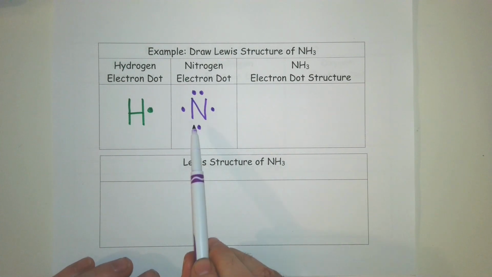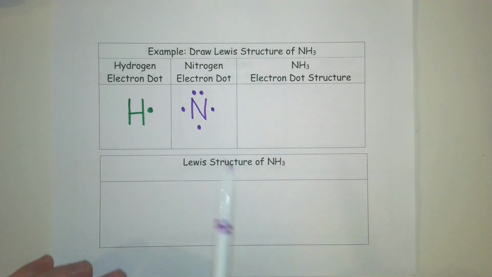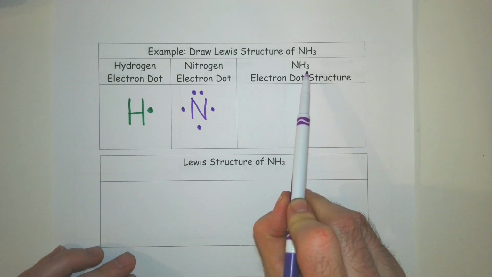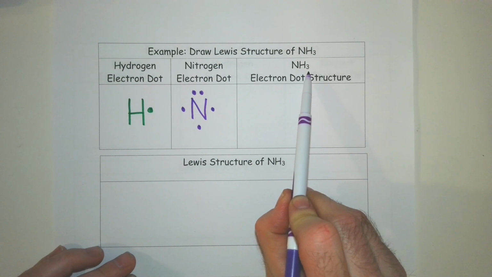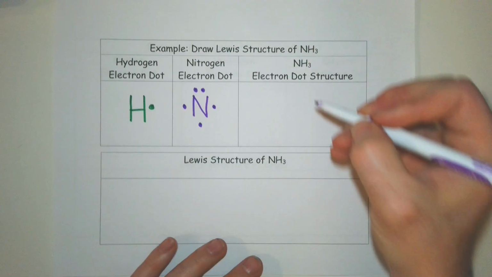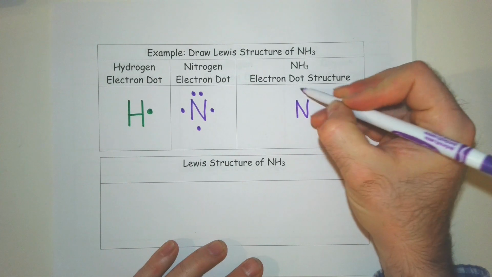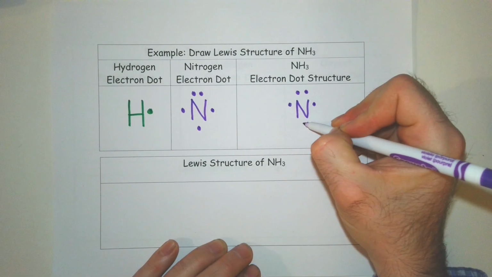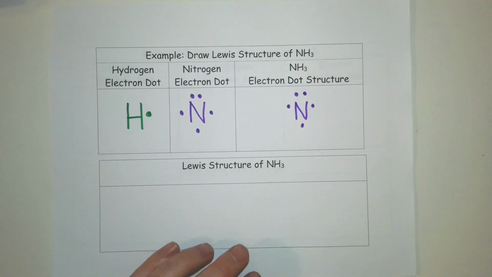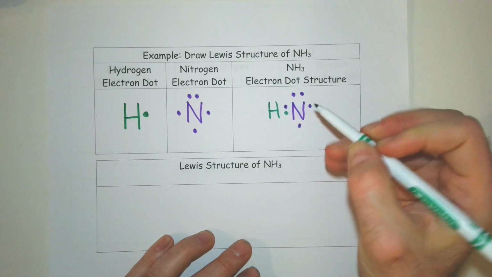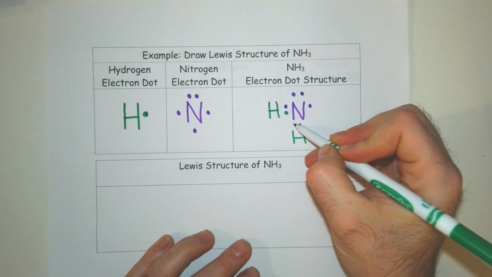Well, since nitrogen needs 3 other atoms to share at least 1 electron, a hydrogen can do that. And because our molecular formula says we have 3 hydrogens, we're going to have 1 on each of those sides. So I'm going to go ahead and draw my central atom again, putting its valence electrons around it. And now I'm going to insert a hydrogen in each location where there is an unpaired electron on nitrogen.